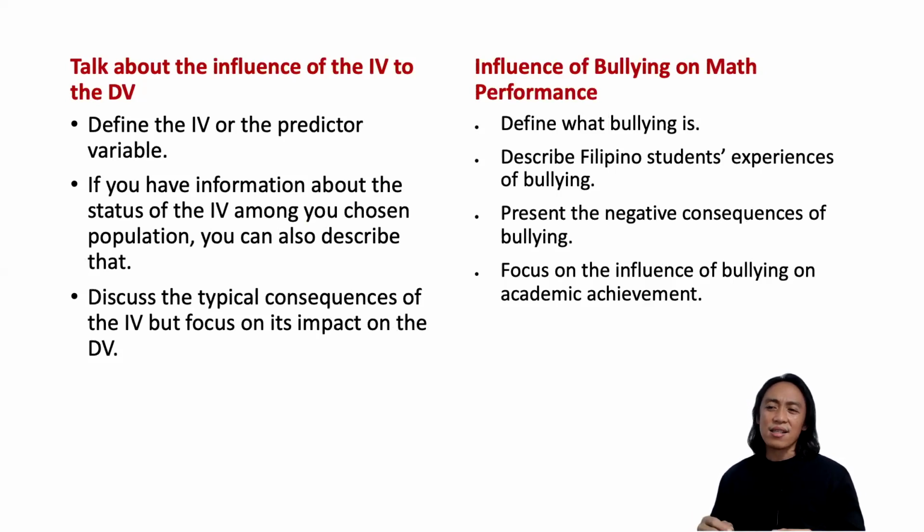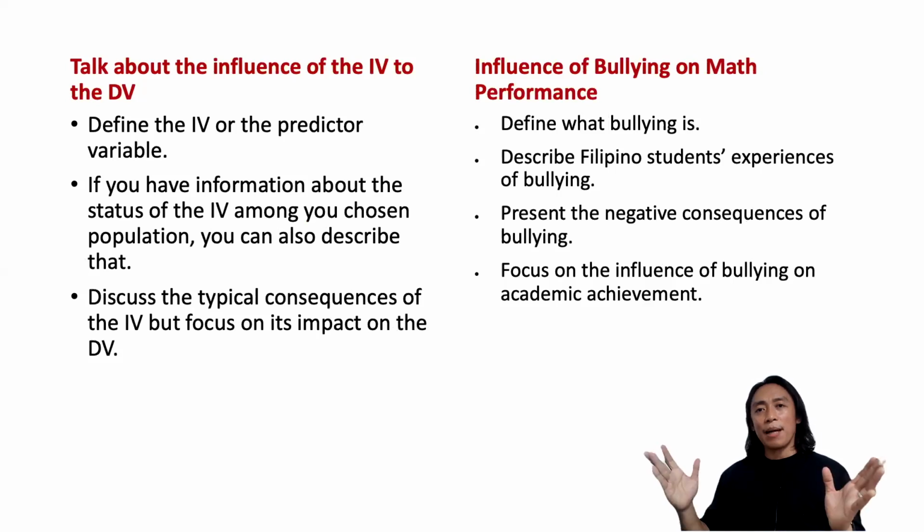Next, discuss the typical consequences of the IV, but focus on its impact on the DV. So in the example, present the negative consequences of bullying, but then eventually focus on the influence of bullying on academic achievement. You'll notice that I'm not yet focusing on math performance. I'm trying to funnel towards math performance.